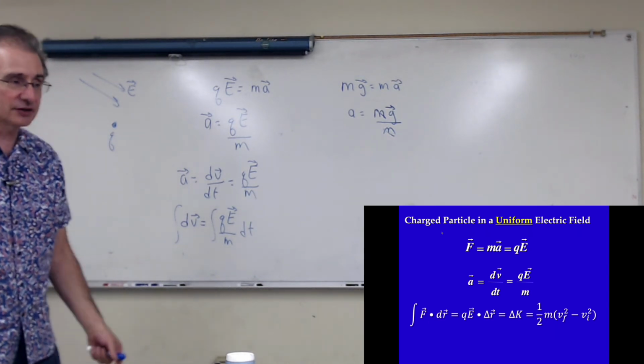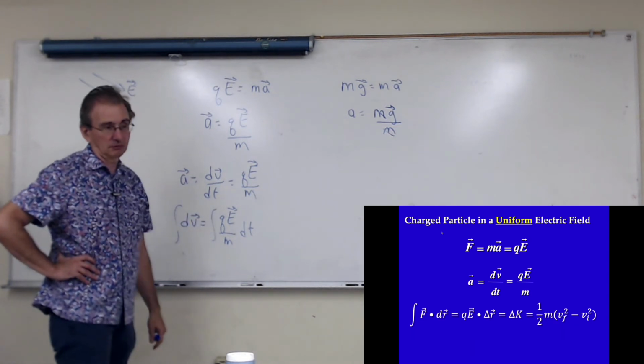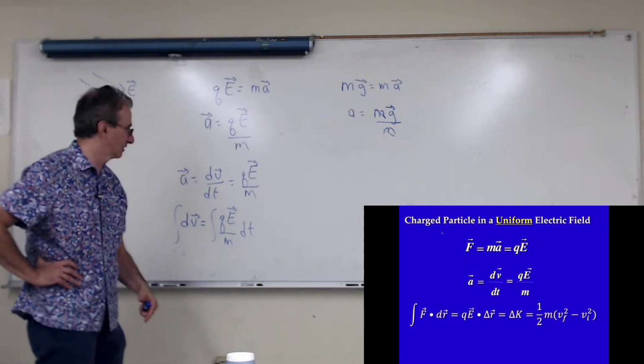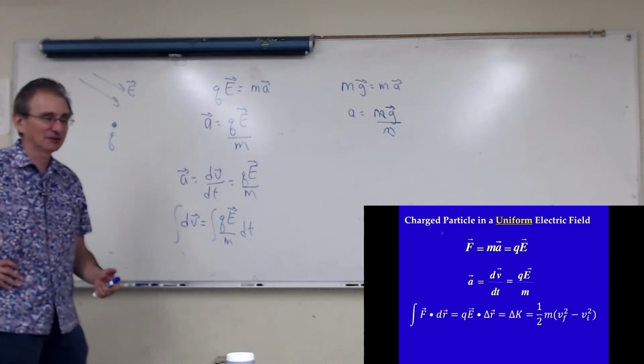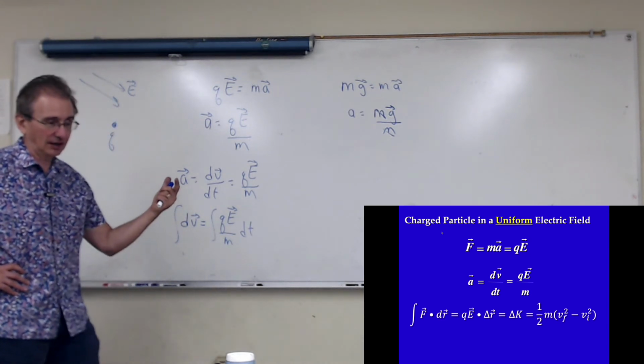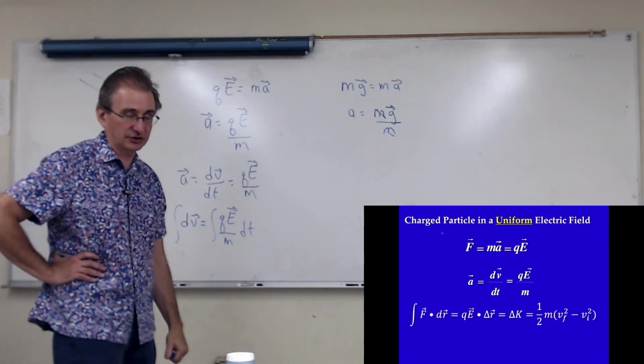The only difference is that g is replaced by qE over m. That's the only difference. But for some reason, students have a hard time with these kinds of problems. I don't know why, because technically it's the same problem as the Chapter 2 problems in Physics 205.